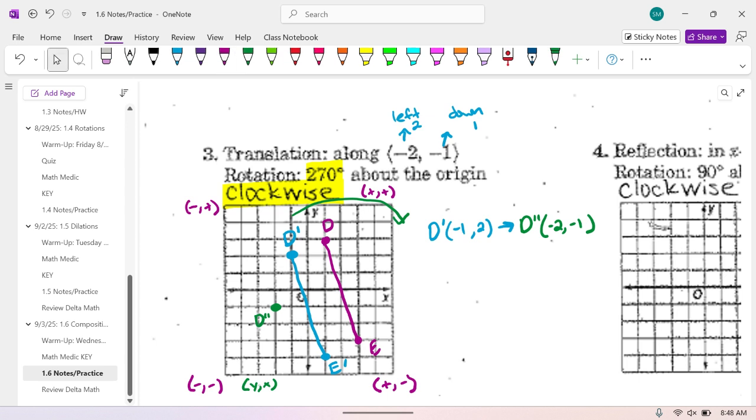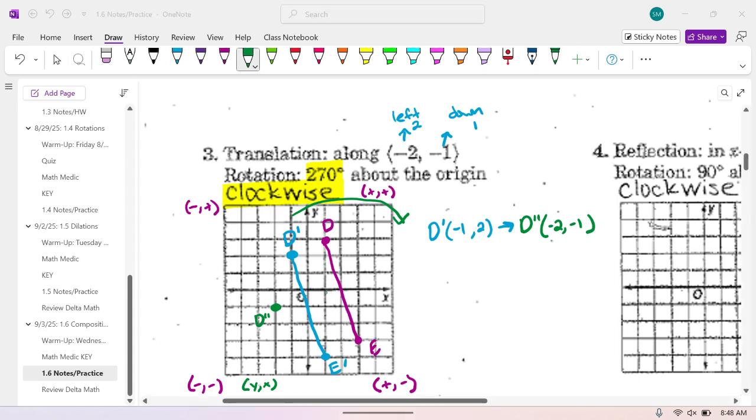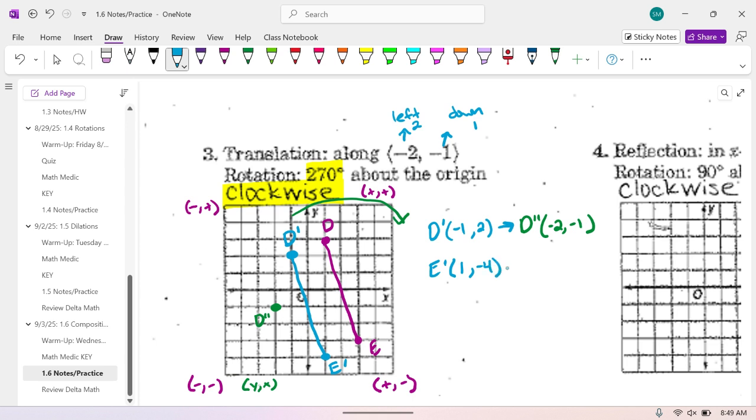So E prime is at the point 1, -4. So its new point, if we flip everything and then change the signs, will be 4, 1.